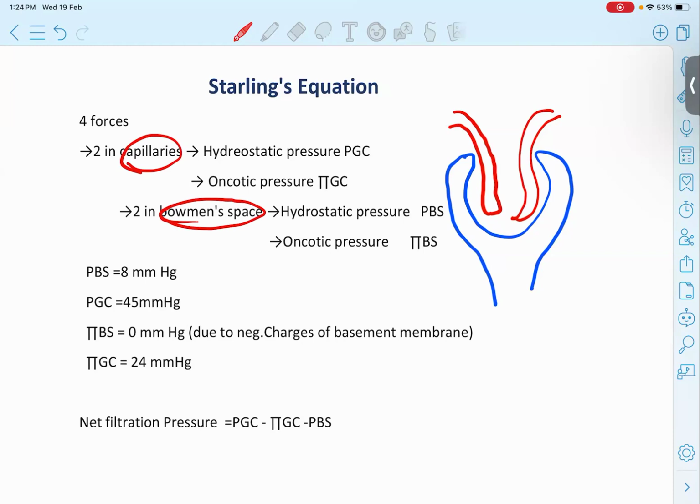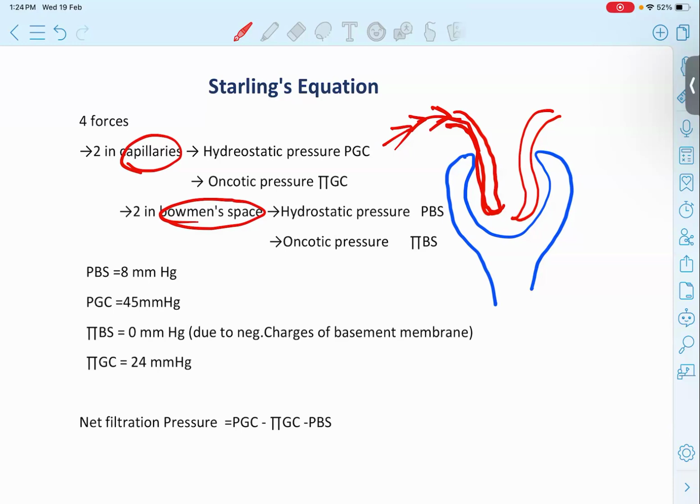So the capillary has 2 different forces. What are the 2 forces of the capillary? This is a capillary, right? This is an afferent arteriole. It has 2 forces: one is hydrostatic pressure and another is oncotic pressure of the capillary. Hydrostatic pressure is nothing but the pressure of blood or plasma that is flowing through the afferent arteriole.